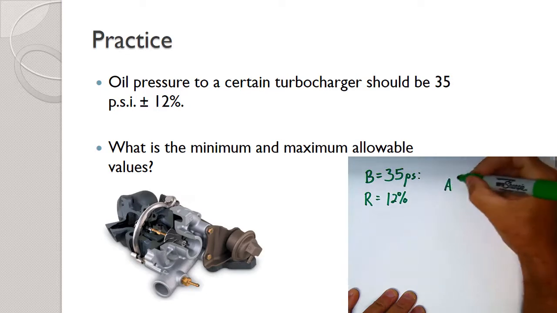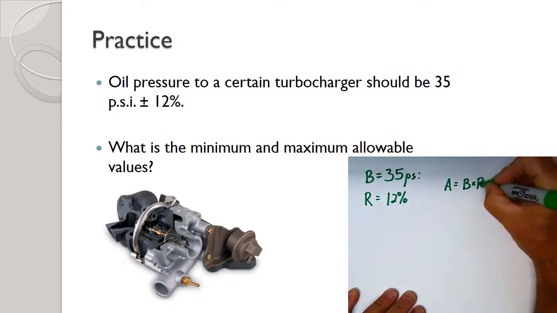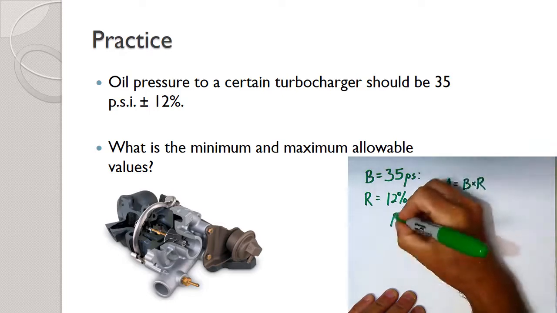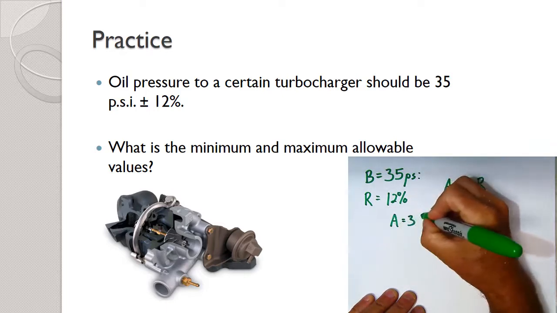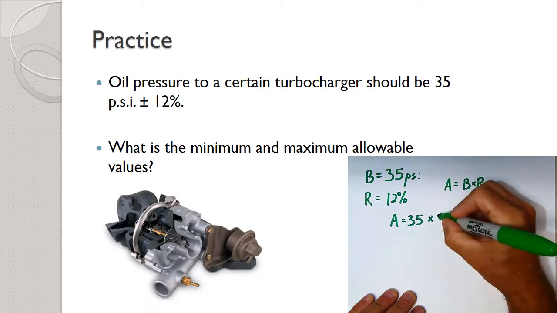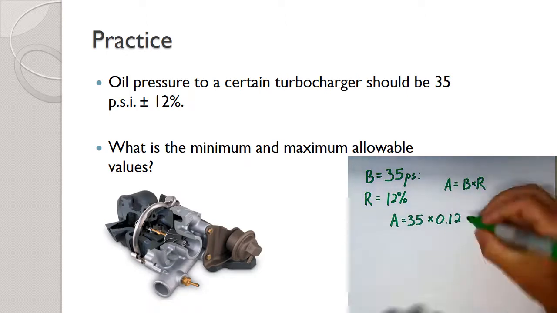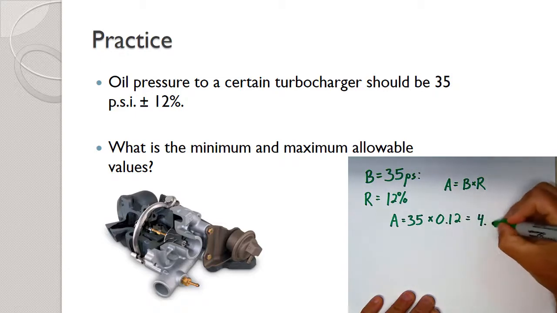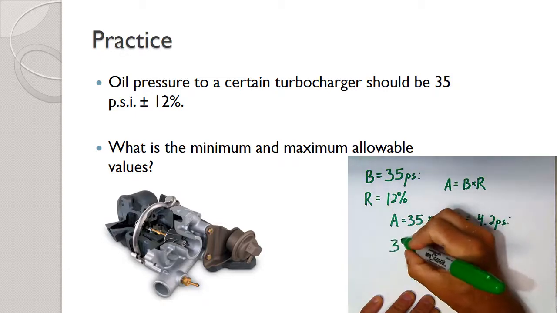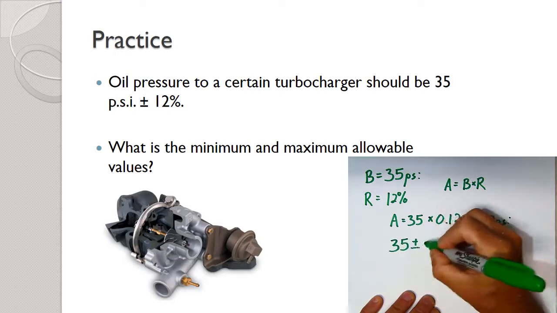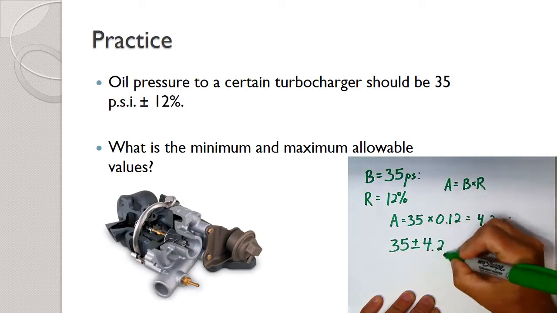And so we want to find the amount that we can vary. So that's going to be base times rate. So the amount we can vary is going to be 35 psi times the decimal form of 12%, that's 0.12. And that turns out to be 4.2 psi. So the acceptable range of values is 35 psi plus or minus 4.2.